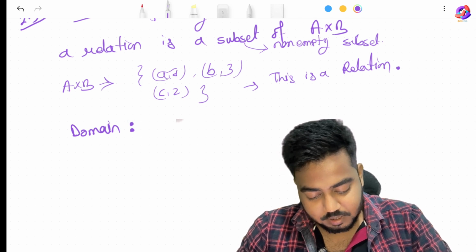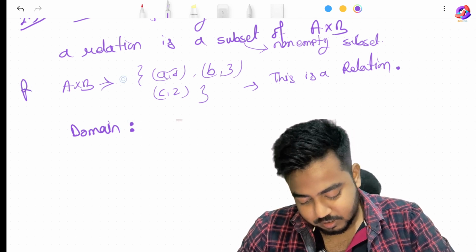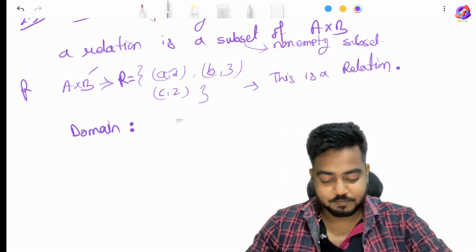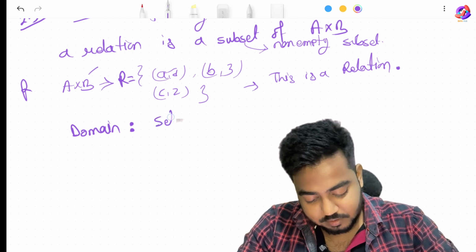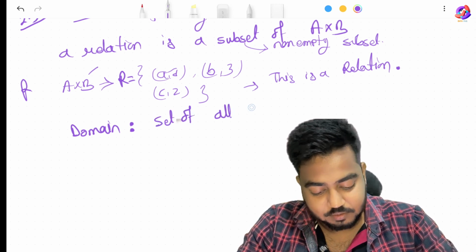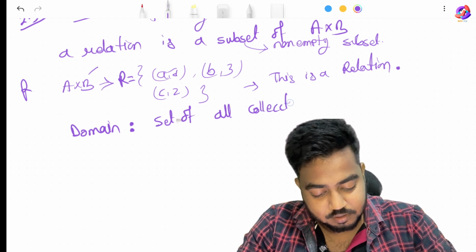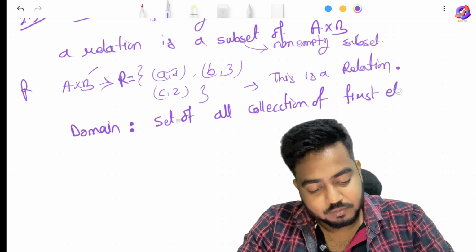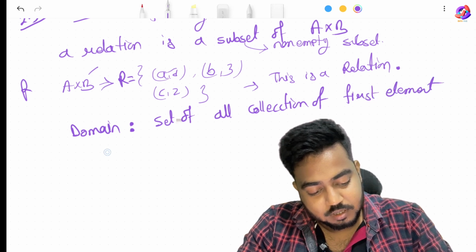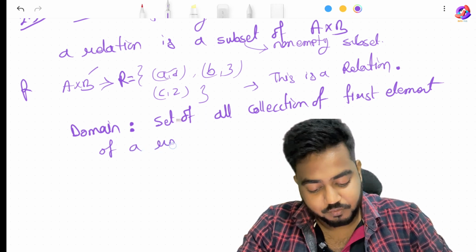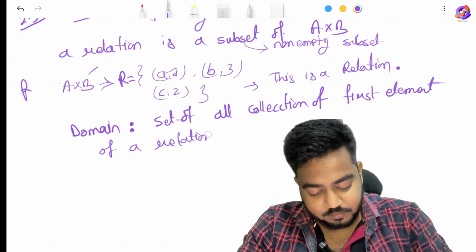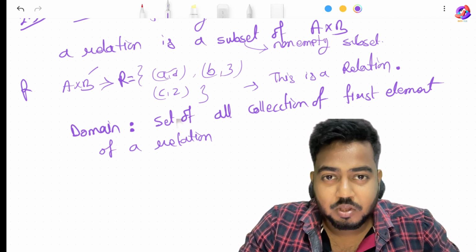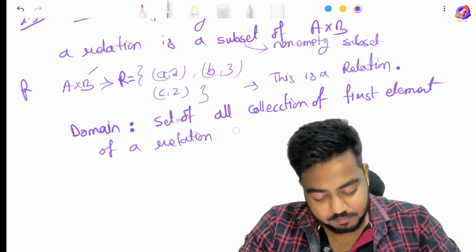You have a relation R. The set of all first elements of a relation is called the domain.